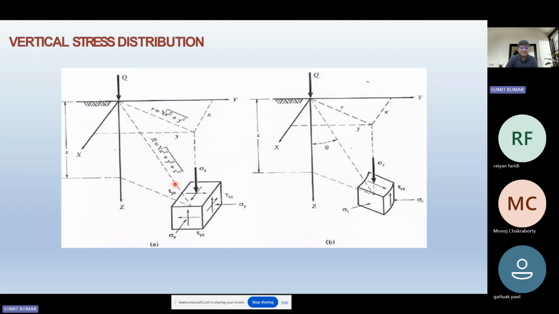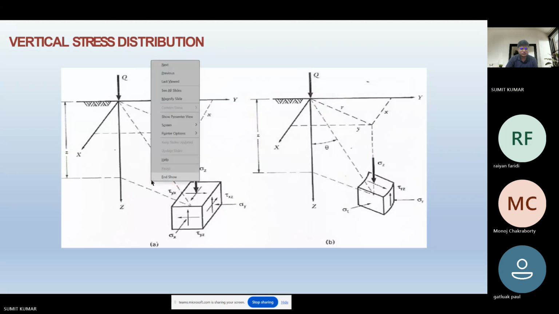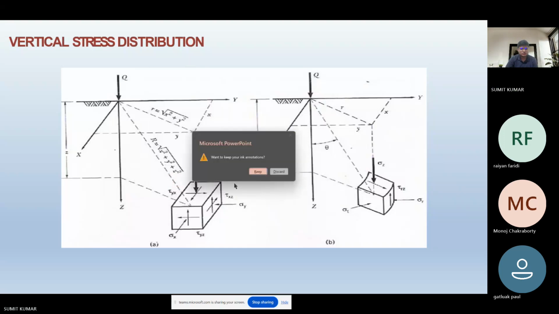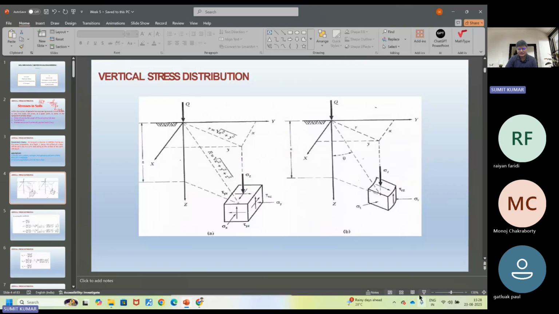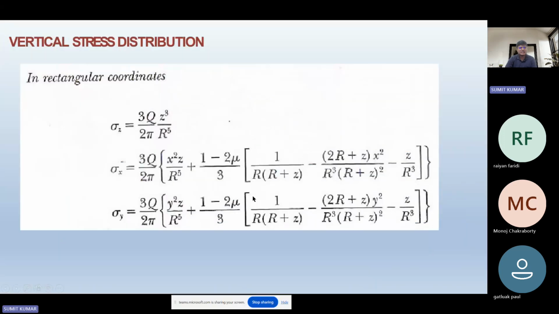Now see that for the rectangular coordinate system, sigma z is given as 3q by 2 pi into z cube upon r to the power 5.